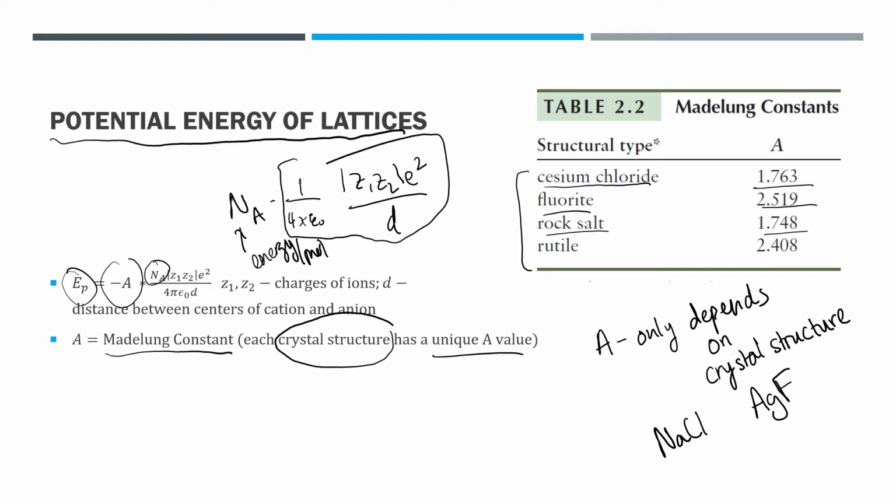Our equation for potential energy is equal to K times Q1, Q2 over R. R is our distance, so D is basically R. Q1 is the charge of one thing. So if we look at the cation, for example, if Z1 is plus 1, if our charge on the cation is plus 1, that actually means that it's just devoid of one electron, right?